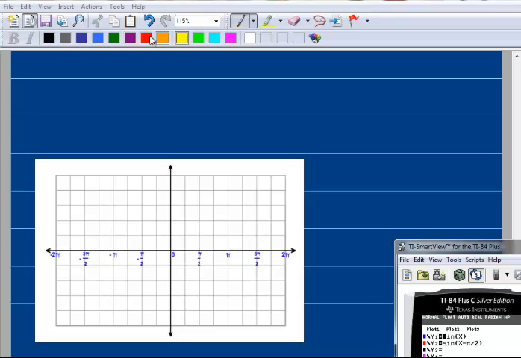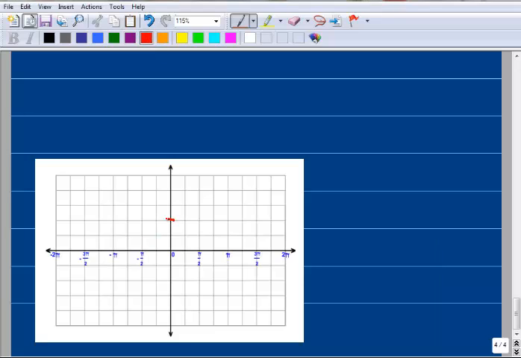Here's my sine wave, y equals sine x, and it looks like this.